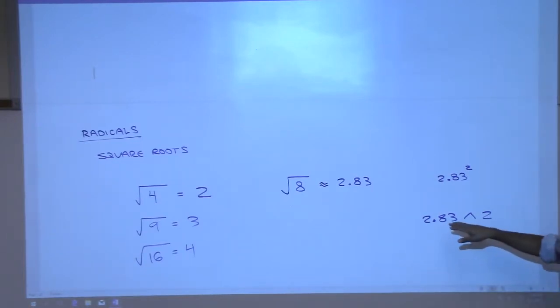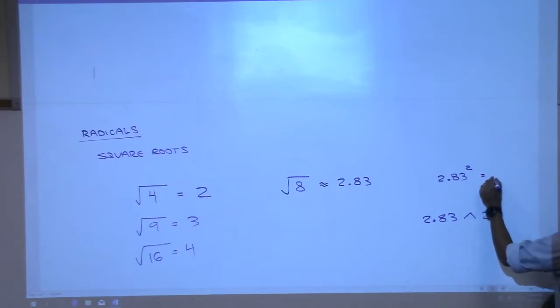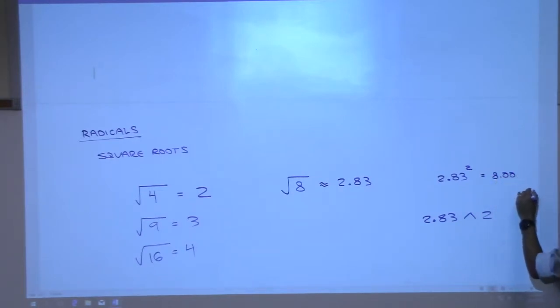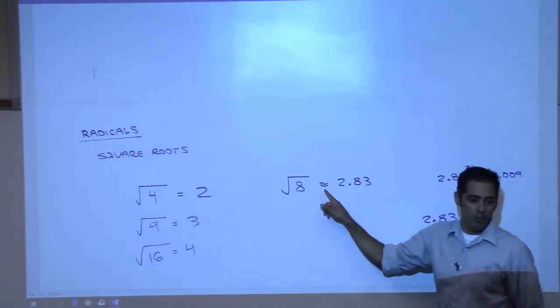So just verify that when you do 2.83 squared, you should get something really close to 8. What are you getting? What did you get? 8.00 something? Like 9 something? Okay, so it's close, isn't it? That's why this is a squiggly equals.